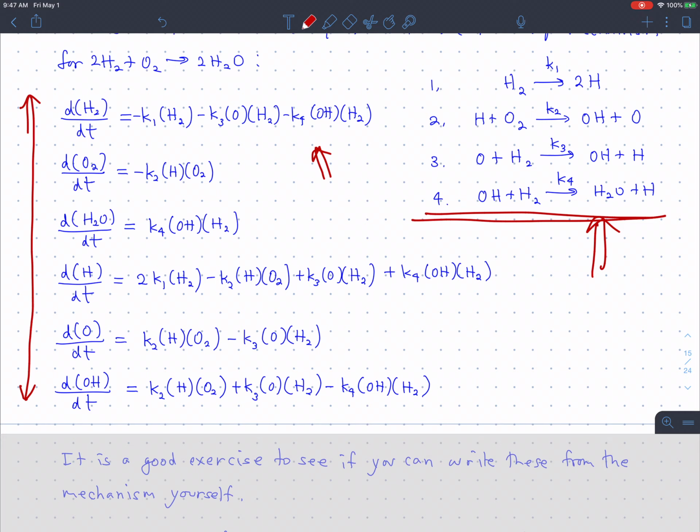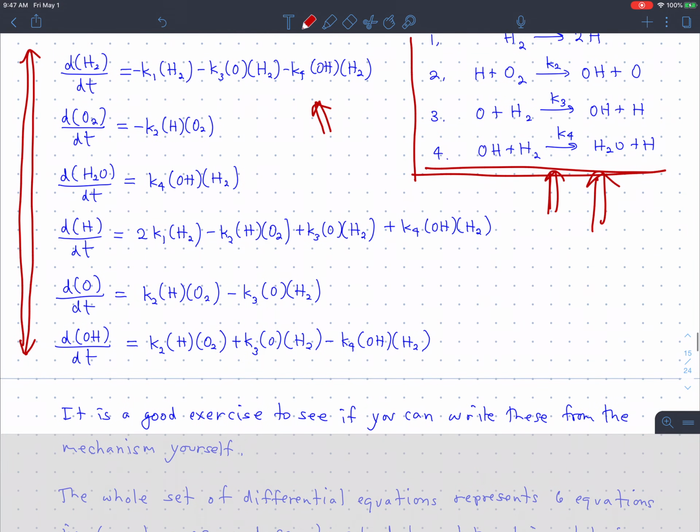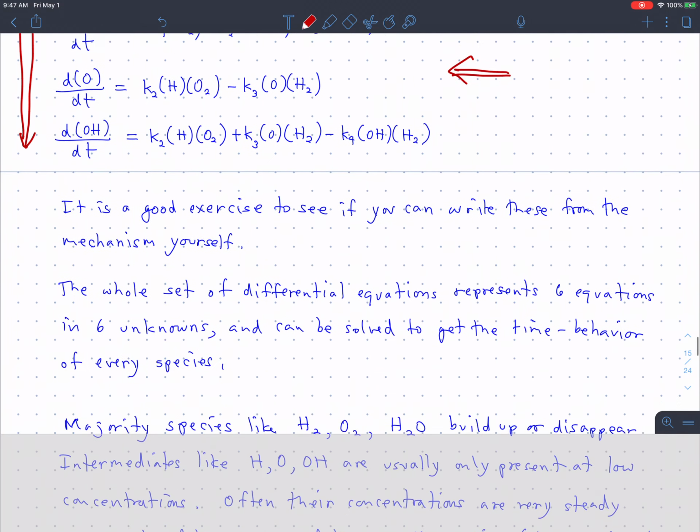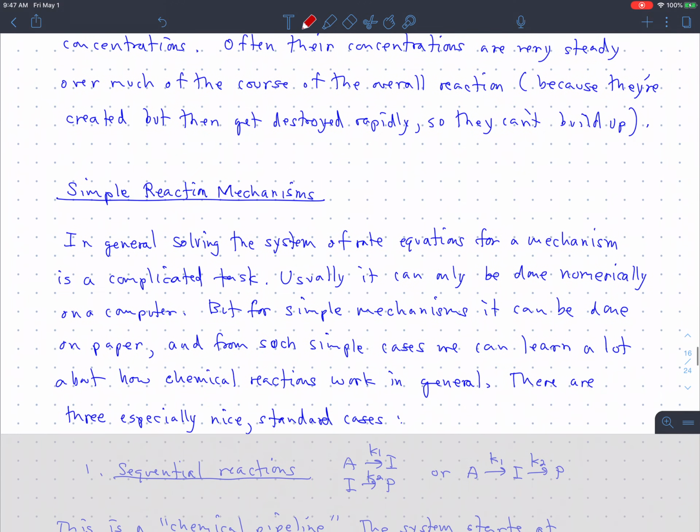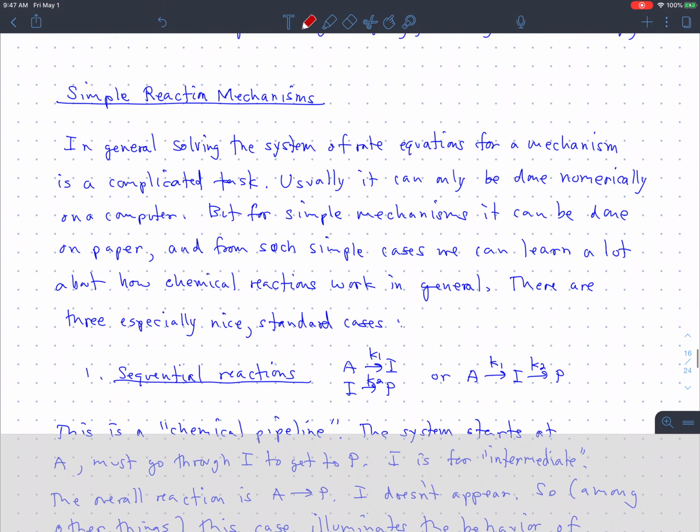Here's a problem I'm posing for everybody. Go through this mechanism, write down the rate equations for each of the 6 species involved, and then come back and look at this set of answers that I've written and see if you get agreement, and if you don't, then ask some questions.